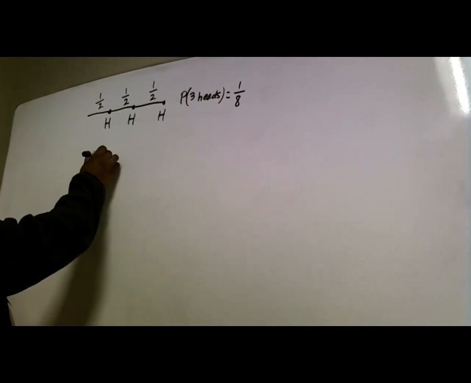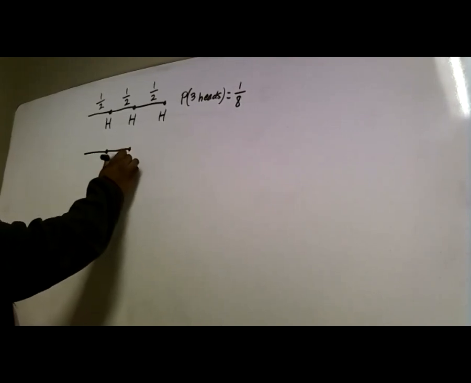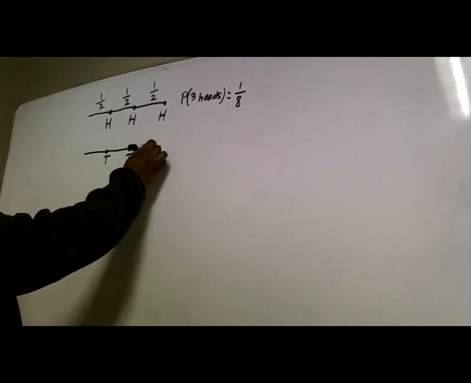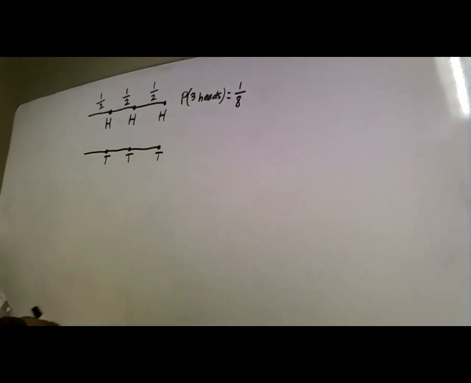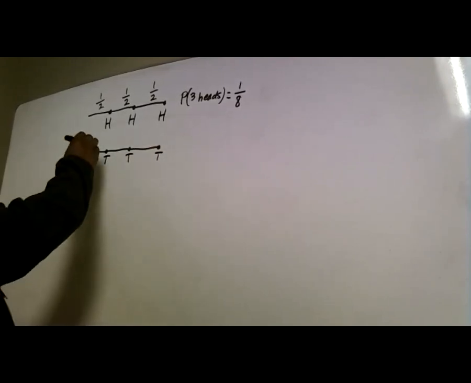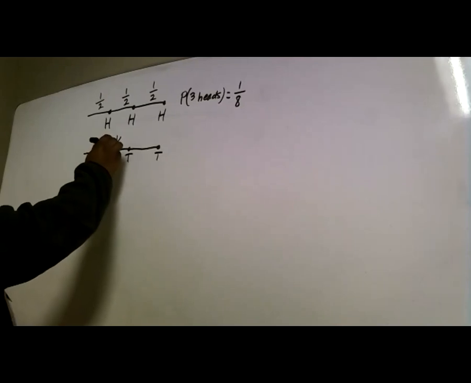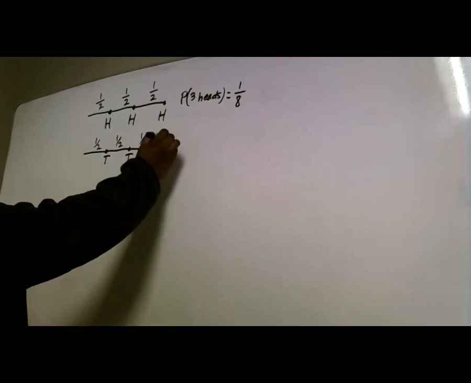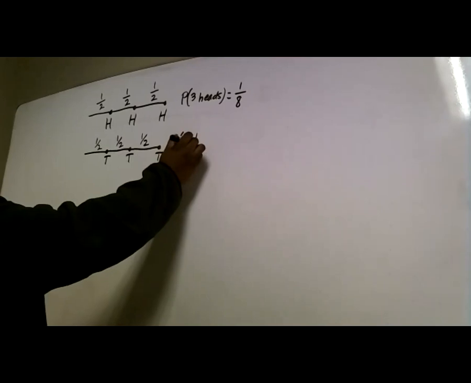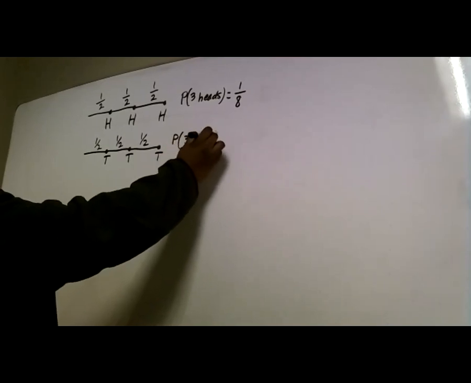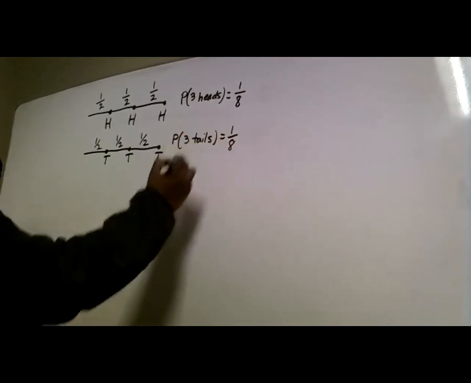And it's pretty much going to be the same when we're dealing with tails, getting 3 tails on the first, second, and third coins. 1/2 times 1/2 times 1/2. So the probability of getting 3 tails also equals 1/8.